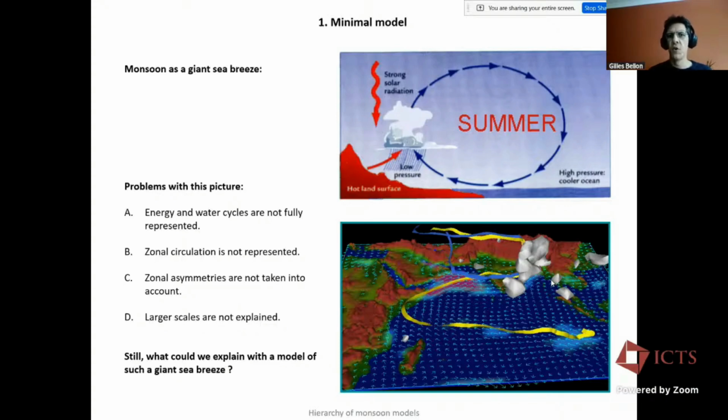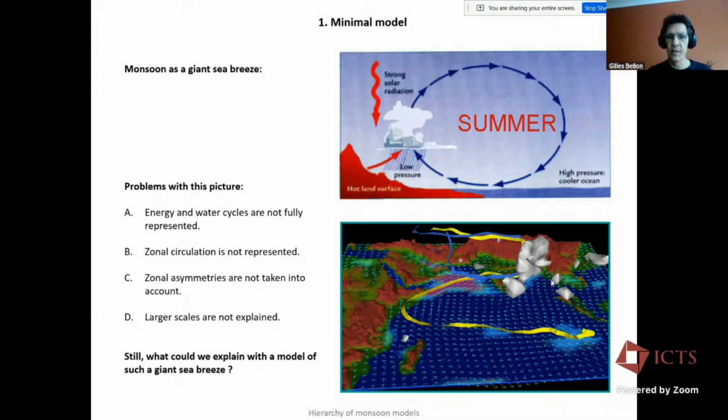But if you think of it, we do have an overturning circulation, with part of it powered by the differential heating of oceanic and land surfaces. And that's powered not only by the heating at the surface, but also by the feedback of cloud convection over the hot surfaces. Then you're getting to a sort of giant sea breeze that does have something to do with the monsoon.